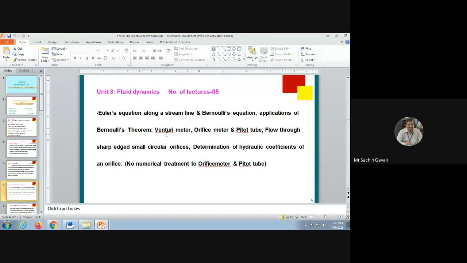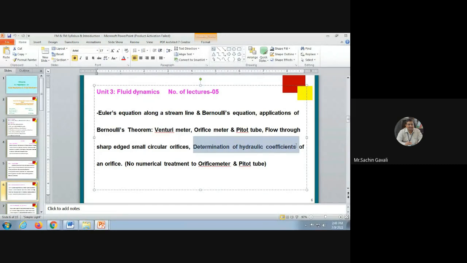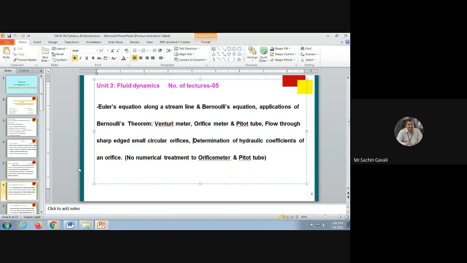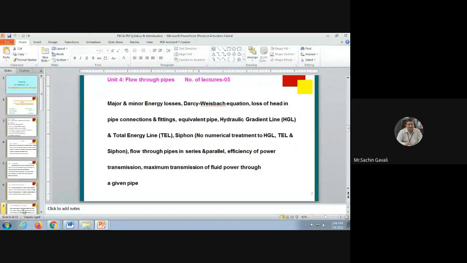Applications you already covered. No numerical treatment on orifice and pitot tube. So all these numerical treatments were covered. Then Venturimeter we have covered. Bernoulli theorem numericals we have covered, and flow through sharp small orifice, both numericals we have covered. This completes our unit number 3. Now we'll go to unit number 4.